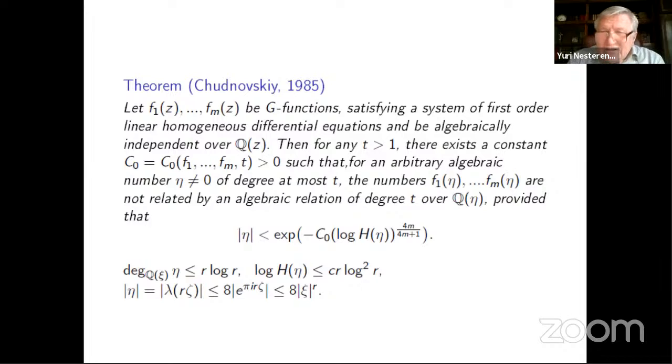This problem is connected to abelian varieties and not one-dimensional integrals, but with more dimensions. So this is a very interesting area, but it's not easy. This is a main problem.